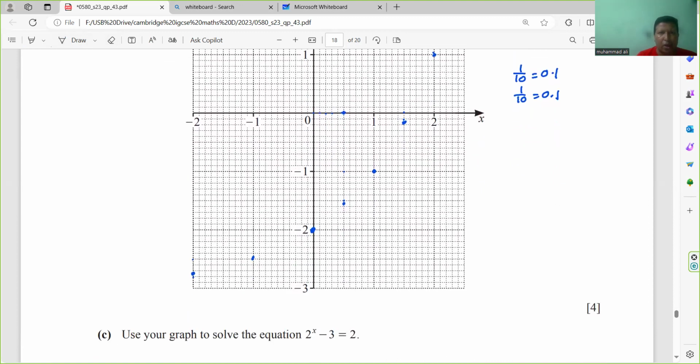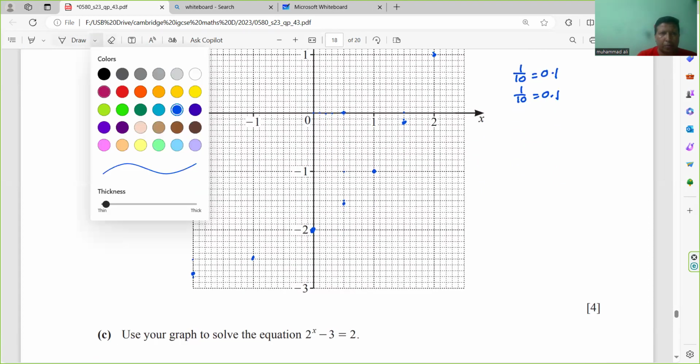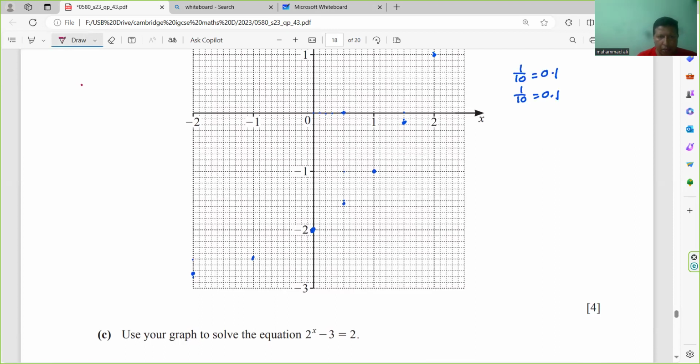Now we try to join them smoothly. Join them smoothly, and don't use a scale for joining two points.